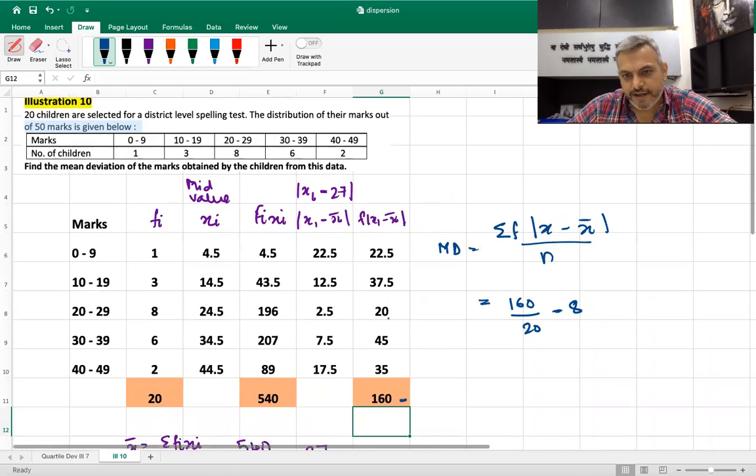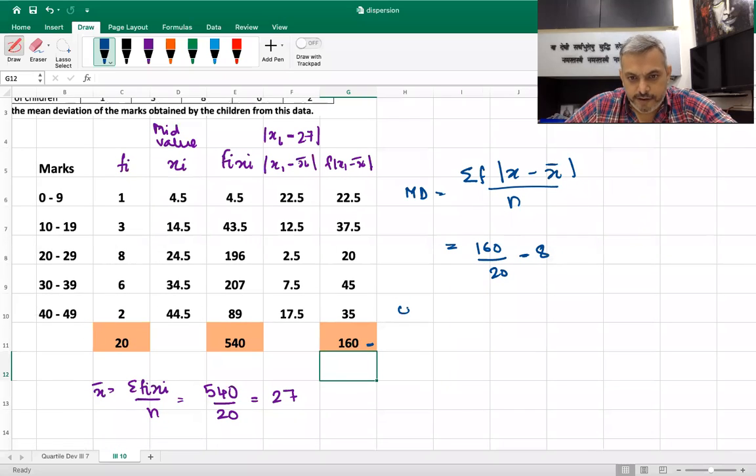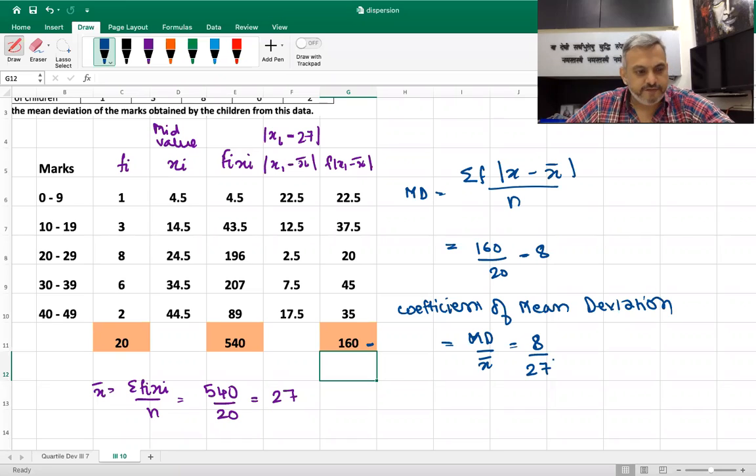Now what else do we have to find? It's only the mean deviation, but I also want you all to find the coefficient of mean deviation, which is equal to mean deviation upon mean, which is equal to 8 upon 27.